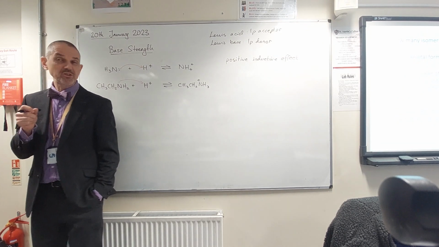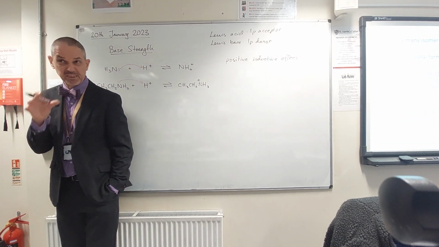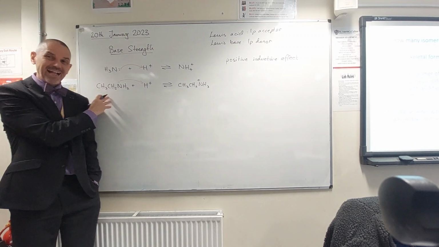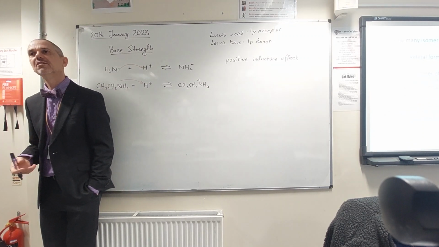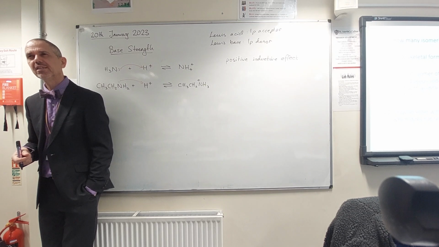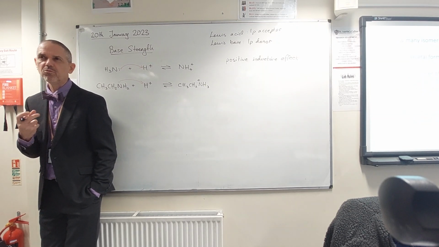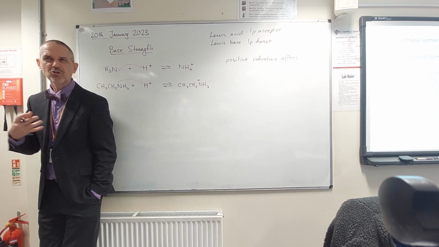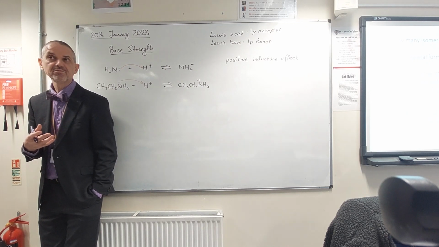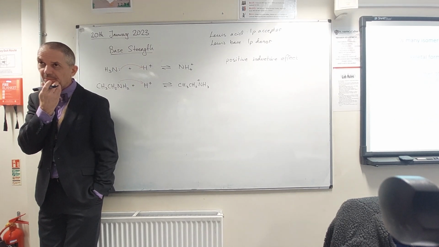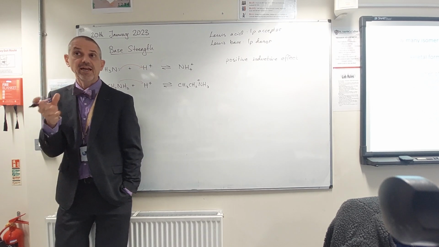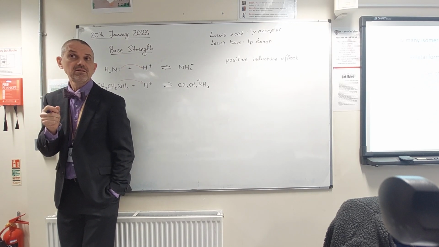Yeah, when we're talking about the positive inductive effect, we're specifically talking about alkyl groups, CH3s, C2H5s, whatever it is. So what is it that's going on there? Well, can you remember what causes that effect? Will it have got to do with the delta positives and delta negatives? Yeah, moving towards the delta negative region.